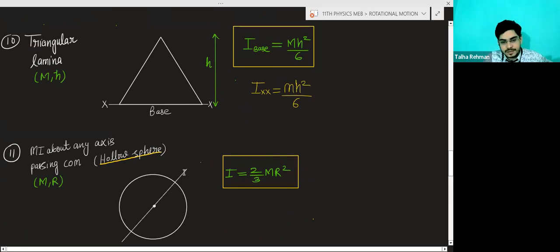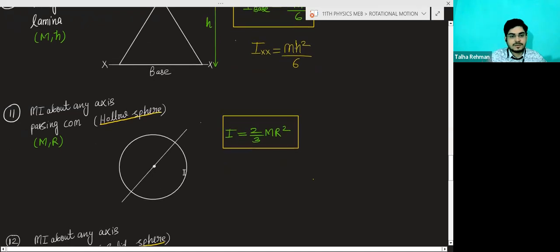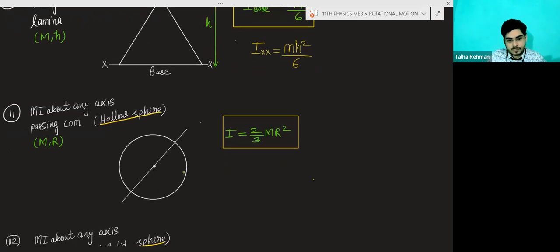For the sphere, if there is an axis, this is an axis which is passing through the center of mass.